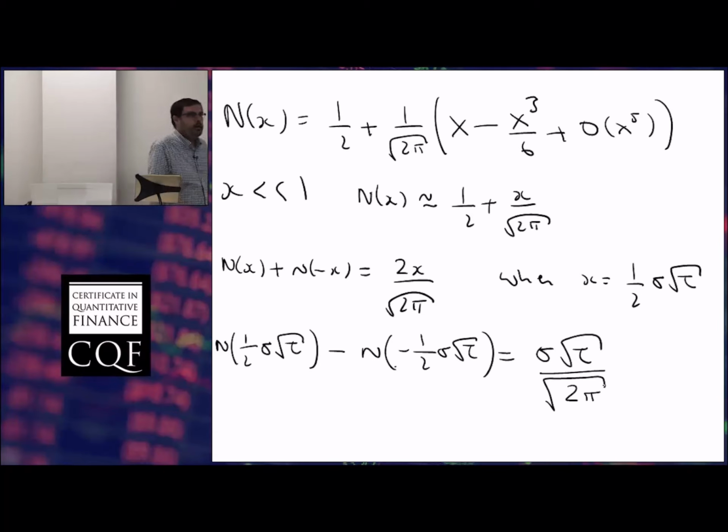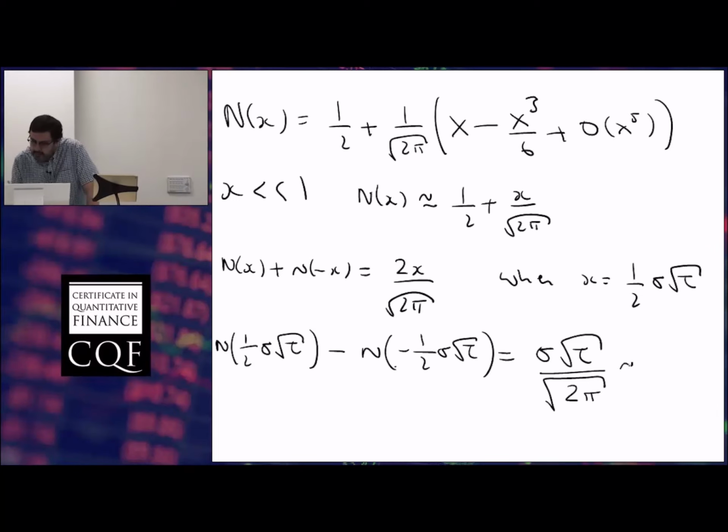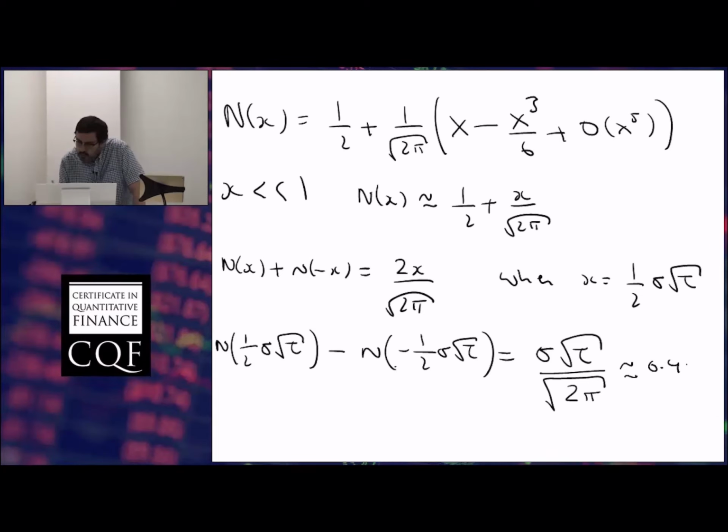What's 1 over root 2 pi approximately? I was hoping somebody might have a calculator just to verify. But it's about 0.398 something, right? So this is approximately 0.4 sigma root tau. Let's put everything together now.